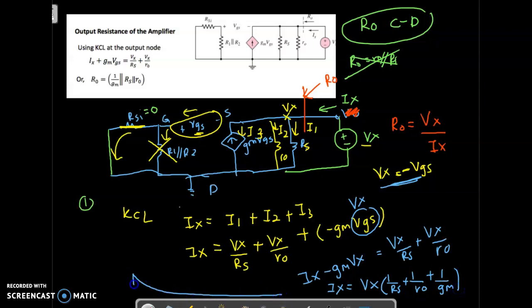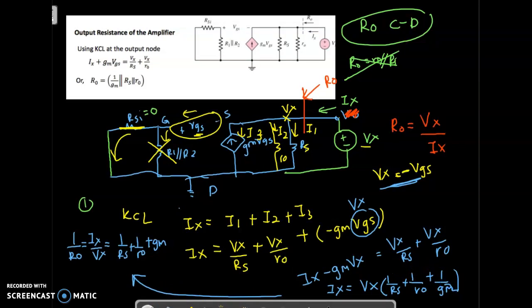So from here, you know the relation of the parallel circuit is actually 1 over R out. It's actually Ix over Vx. So you can get directly 1 over Rs plus 1 over R0 plus Gm. Sorry for this one again.